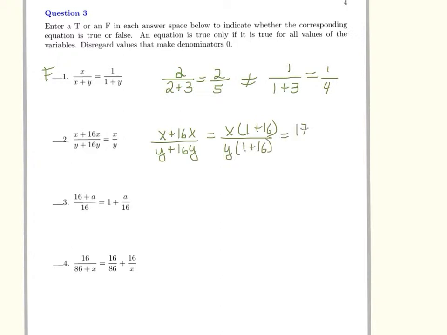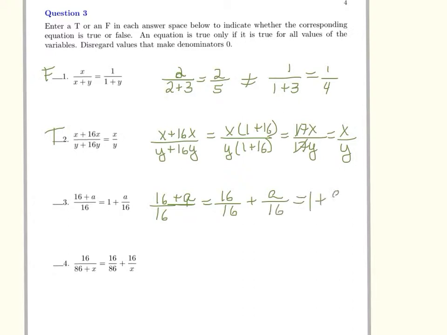So the numerator is just 17x and the denominator is 17y, and we can cancel the 17, so we get x over y, and so this is true. And similarly c is true because we can distribute that denominator. 16 plus a over 16 is the same as 16 over 16 plus a over 16, or 1 plus a over 16. So this is true.